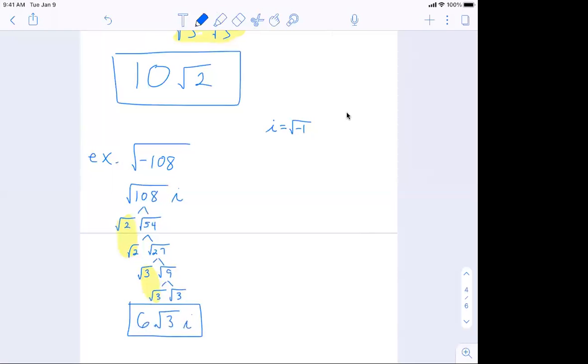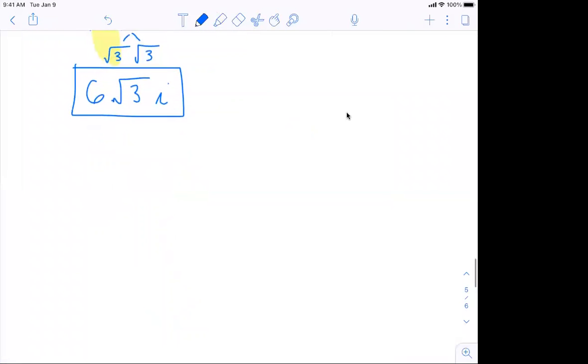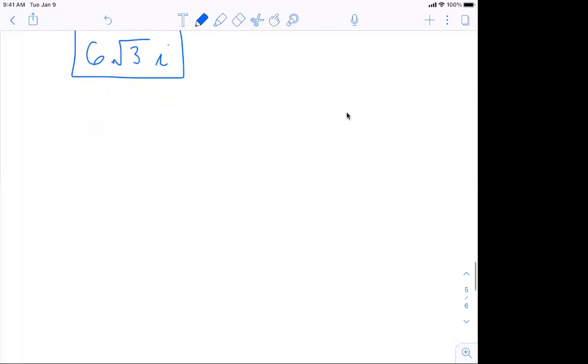And when I go to the next part, well, we're going to do some complex operations. When I say operations, that scary word just means adding and subtracting or multiplying and dividing.